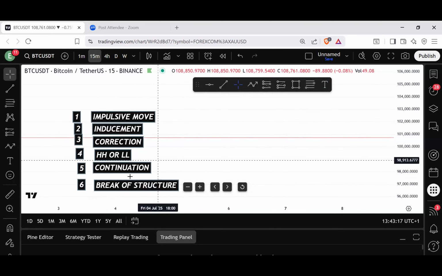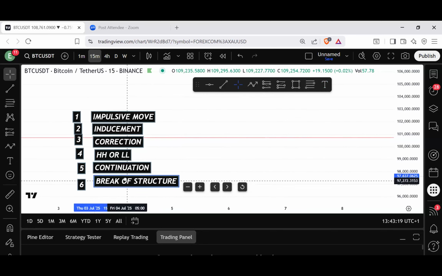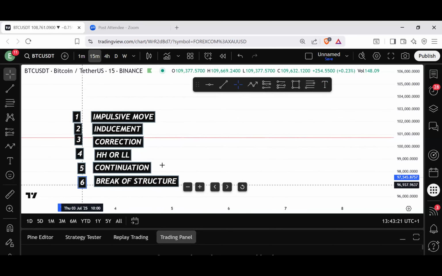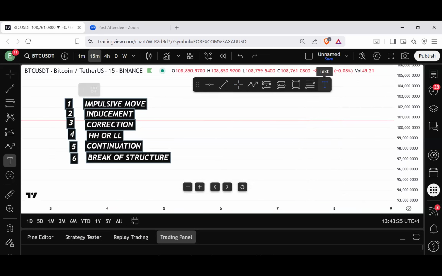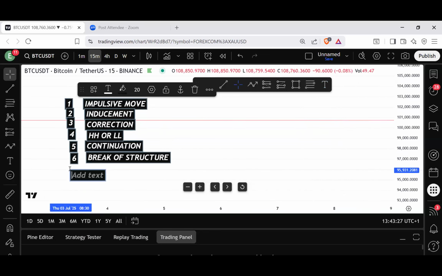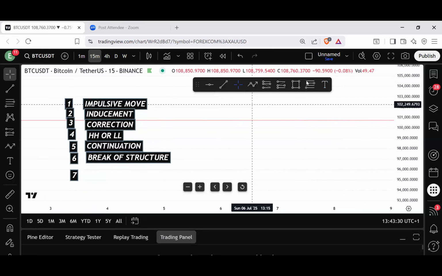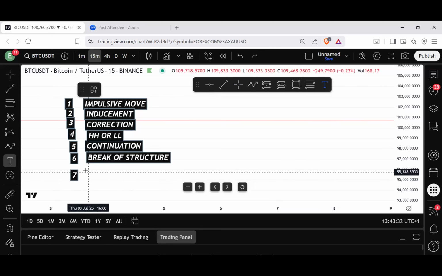So immediately you see the breakup structure, that will now confirm the higher low or lower high, depending on the trend. So without breakup structure, it cannot confirm, correct?